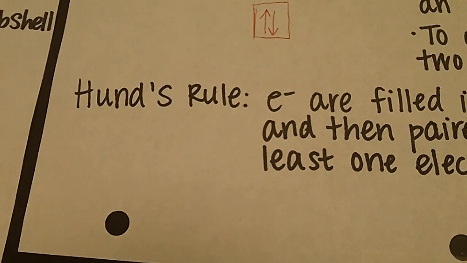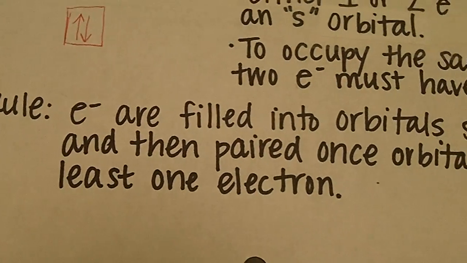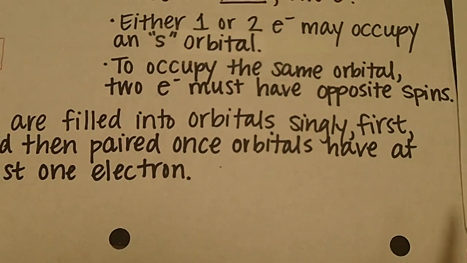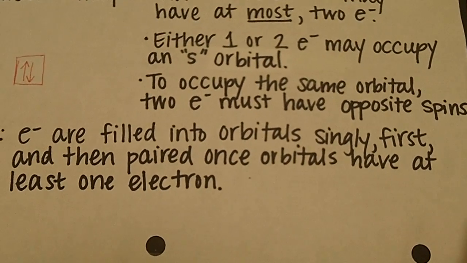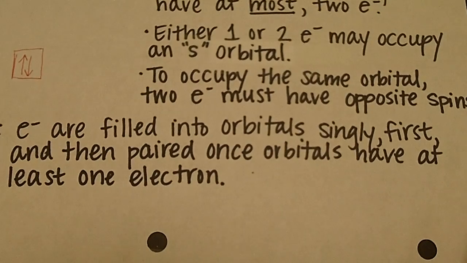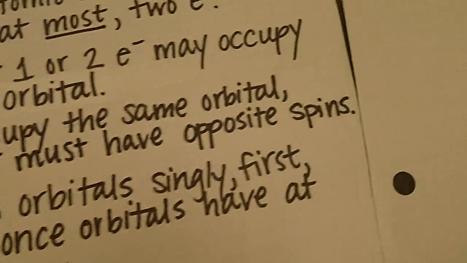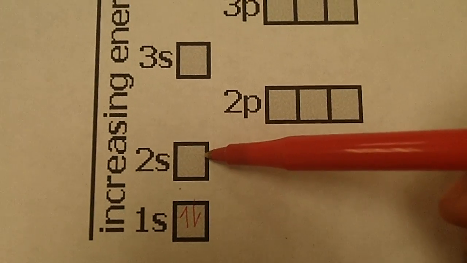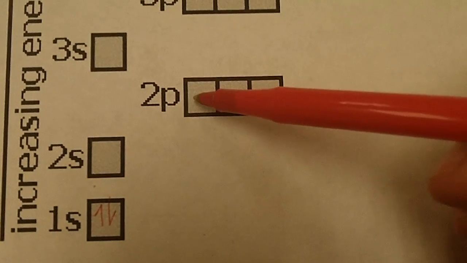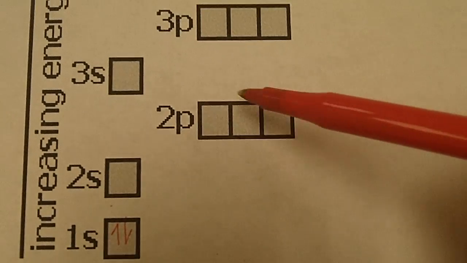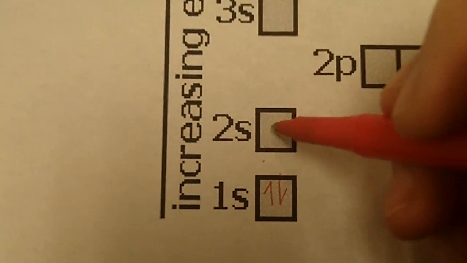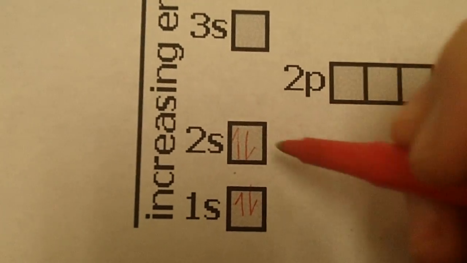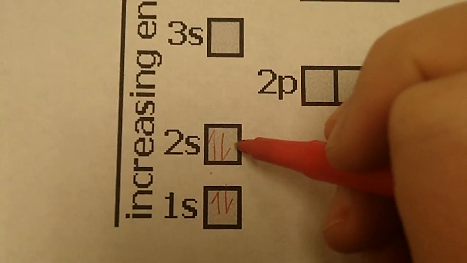So 2 electrons in opposite spins, one going up, one going down. And lastly, you have Hund's rule. Hund's rule states that electrons are filled into orbitals singly first, and then paired once orbitals have at least 1 electron. All that that's saying is that as you go up the different energy levels, you're going to fill an entire sublevel before you go on to the next one. So for instance, let's say I filled this one, I filled this one.